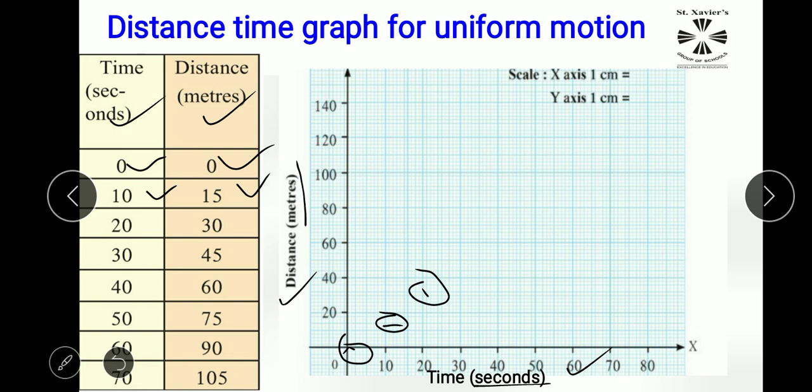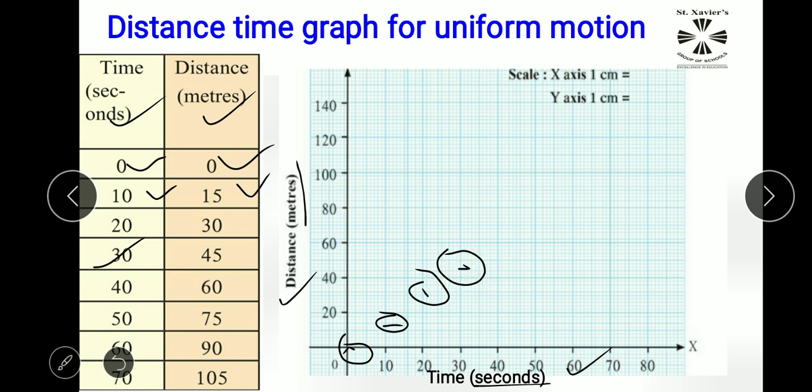Later on, 30 and 45. 45 must be between 40 and 50, so we'll take 45 in between 40 and 50, and we'll get a point somewhere here. Students, this is our next point.